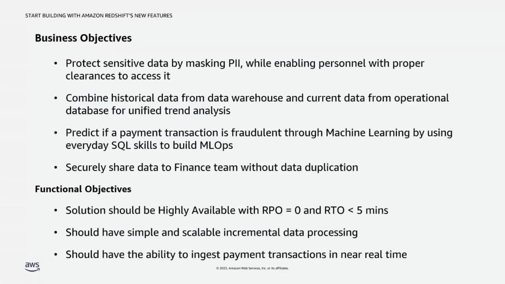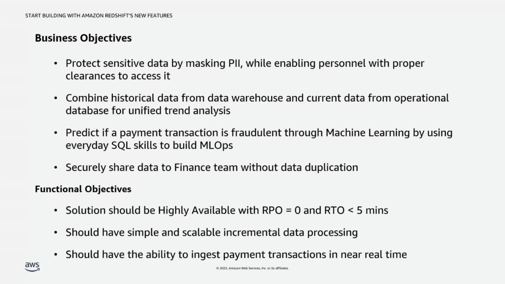Example Corp has also shared their business objectives and functional objectives. From a business objective, primarily on the security front, they want to protect their sensitive, personally identifiable data by using masking. Users who have access to sensitive data should be able to see the data in clear text.